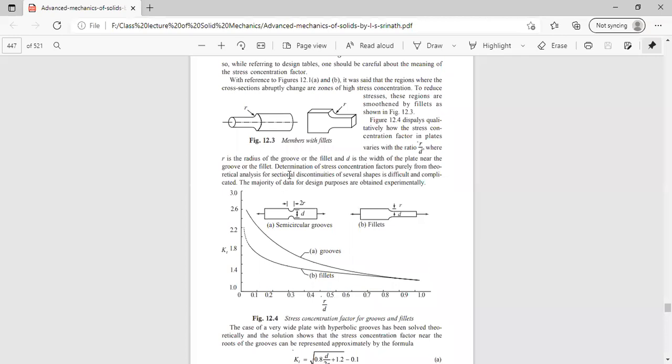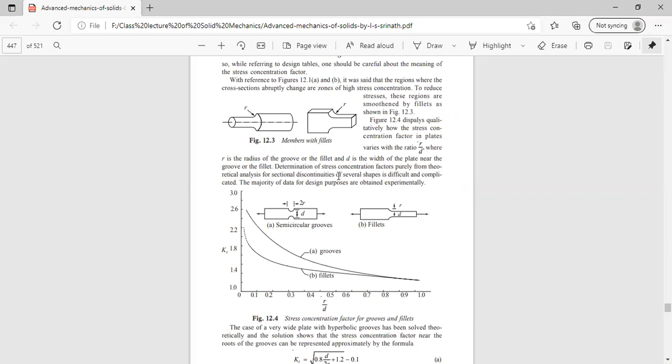Now, the determination of stress concentration factor purely from theoretical analysis is difficult and complicated for several sectional discontinuities and several steps. So what we do is, the majority of data are produced experimentally.